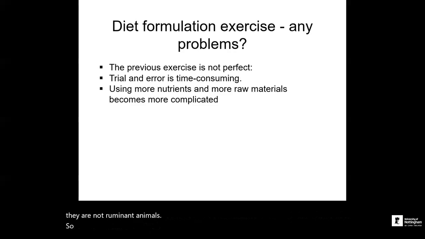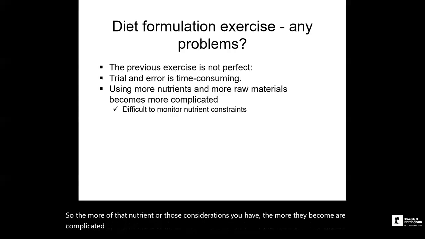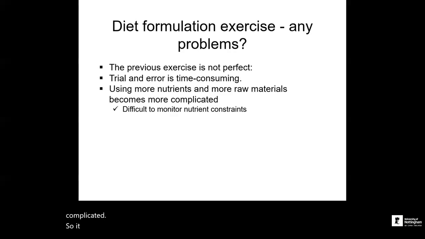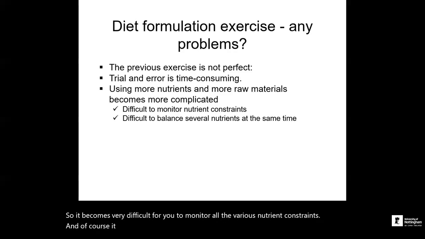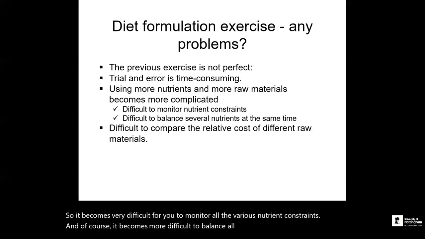So the more of those nutrients or considerations you have, the more complicated they become. It becomes very difficult for you to monitor all the various nutrient constraints. And of course, it becomes more difficult to balance all the nutrients at the same time.